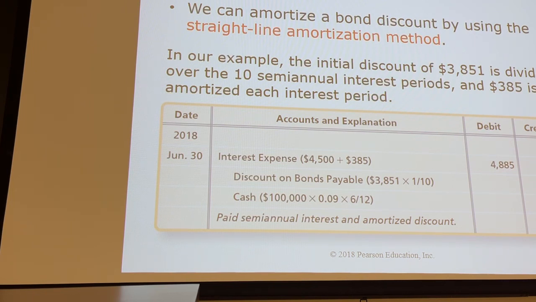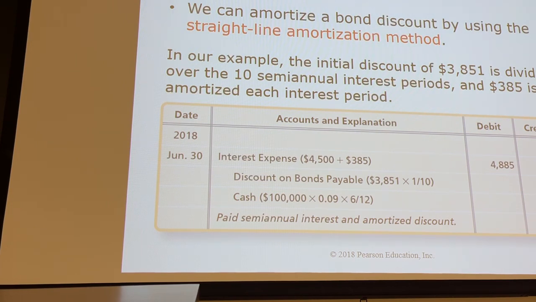And the number of interest payment periods that we have over the life of the bonds is 10, because they told us that they're 5-year bonds, and there's an interest payment period every 6 months. So if they're 5-year bonds, there have to be 10 semi-annual interest payments.